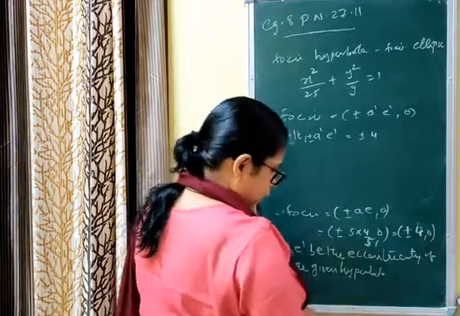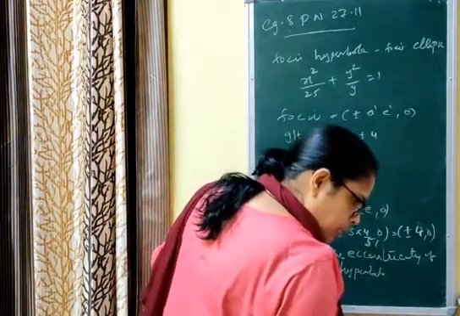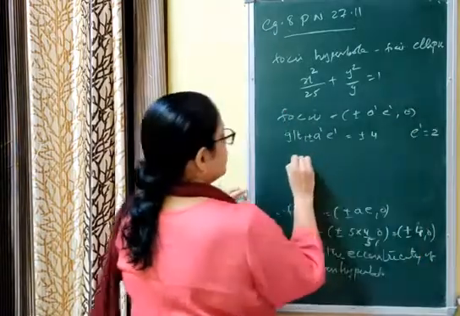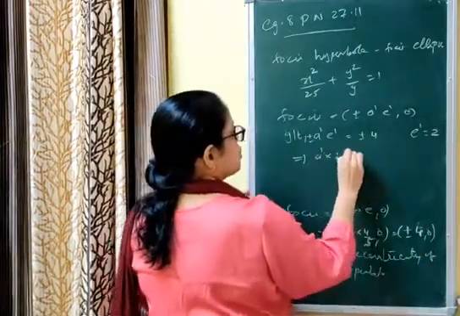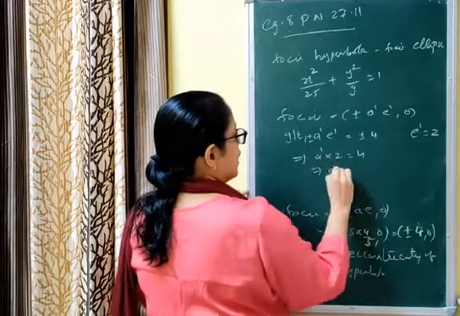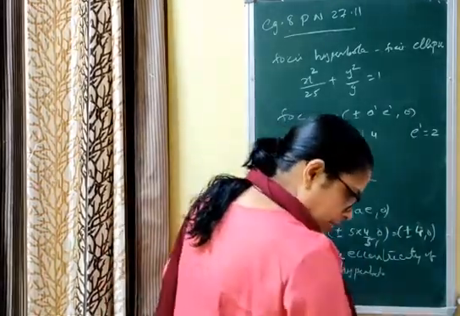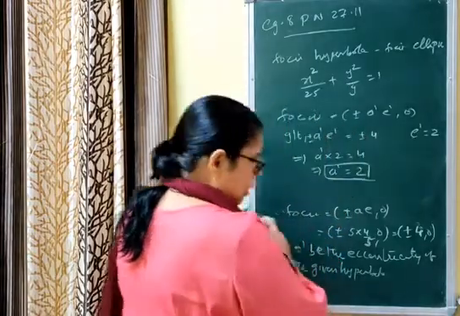Now e dash is what? E dash, the eccentricity of the given hyperbola, is given as 2. That implies a dash into 2 is equal to 4, which implies a dash equal to 2. We got a dash because you are given that the eccentricity of the hyperbola is 2.